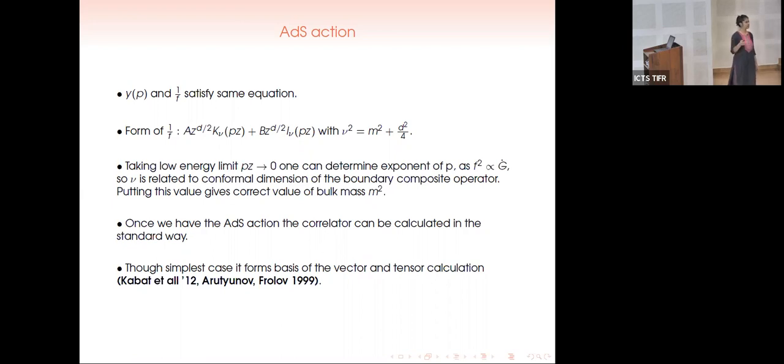Suppose you choose some operator phi or phi square, your G will be dependent on the dimension of phi or phi square, some p to the power 2 delta. So this 1 by F will be dependent on that delta.